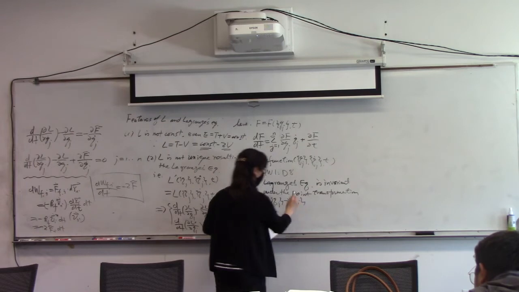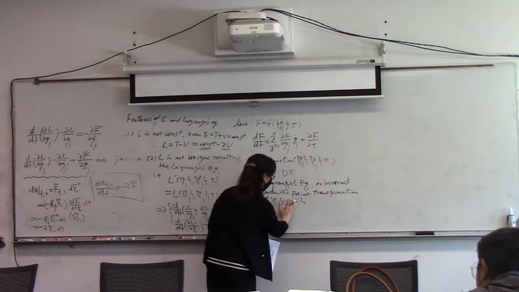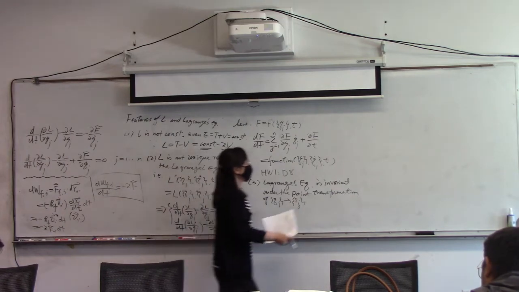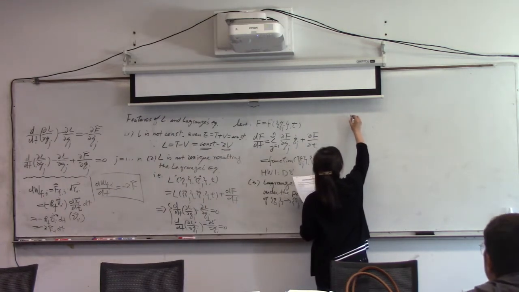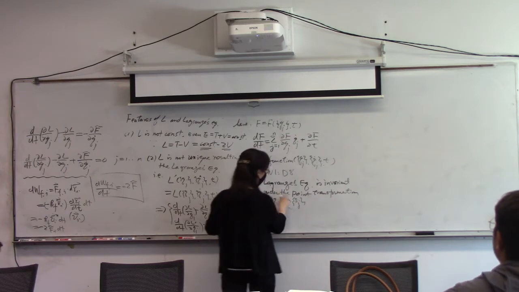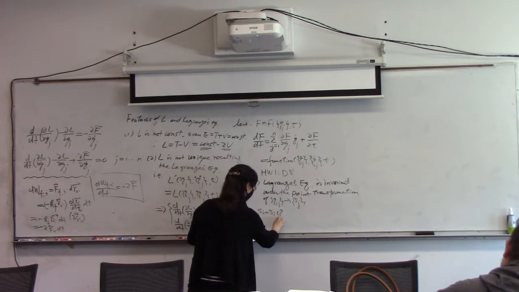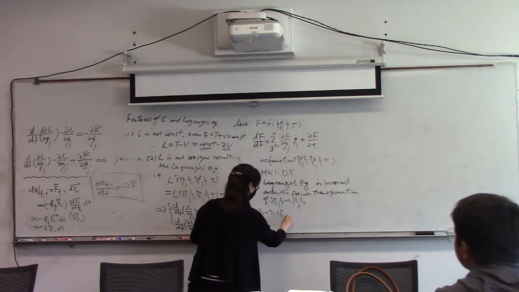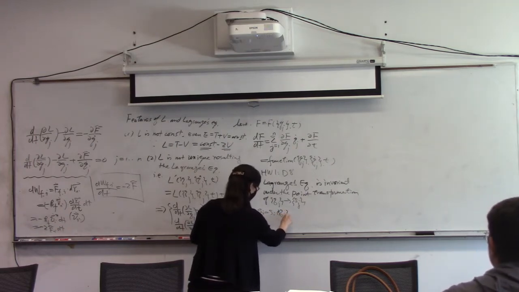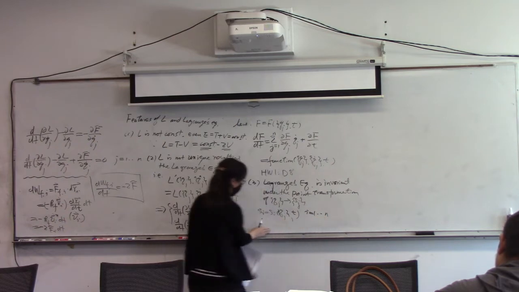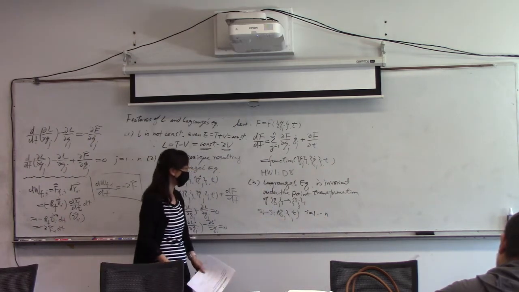Say we have two sets of general coordinates, Qj and Sj. The point transformation means that each Si is a function of Qj, with i from 1 to n. So for each one we have a transformation function.